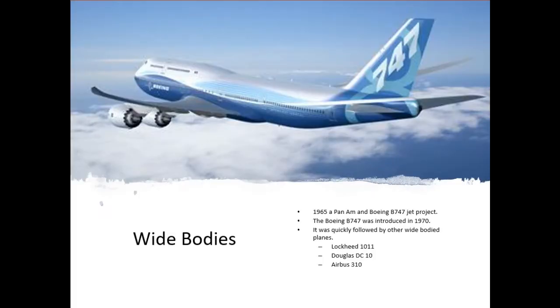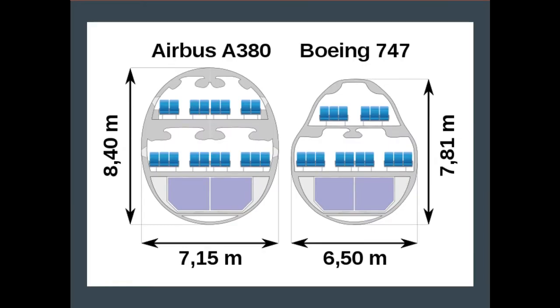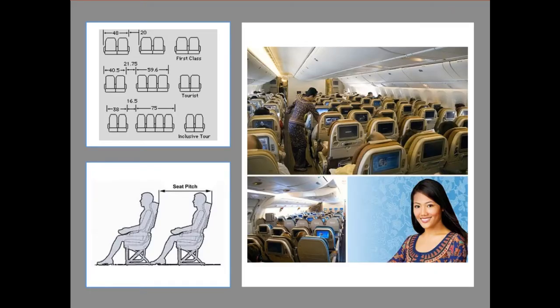The first wide body aircraft was with the US airline Pan Am, and as I mentioned, it was followed by many other airlines as well. You can see the 3 rows which have more space and more passengers, and you can see the seat pitch as well. Usually it will come with 232 or 242 seats, based on the size of the aircraft.